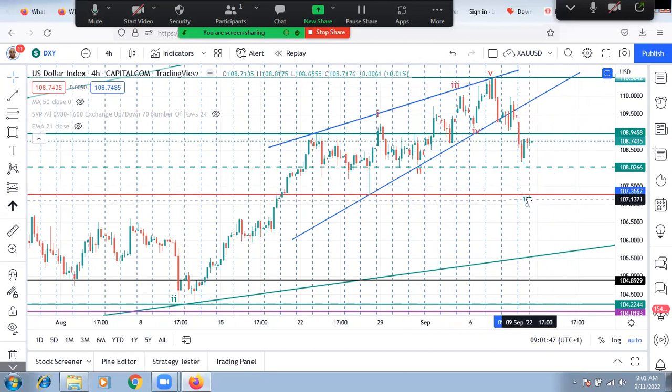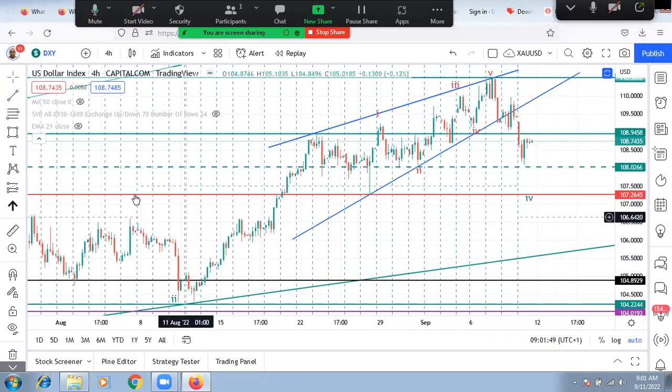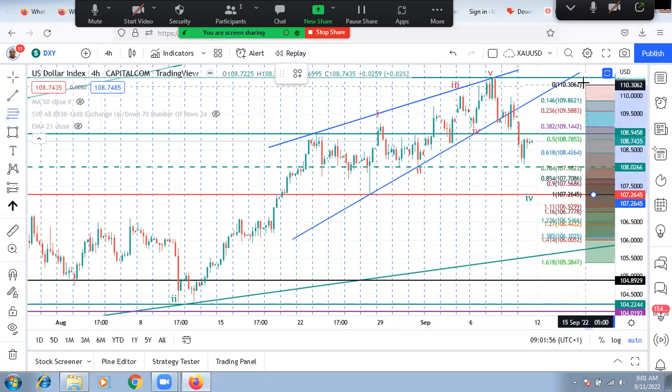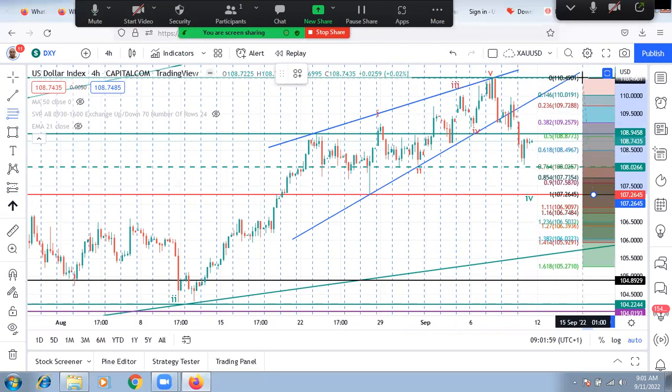Let me draw this again on the lower time frame. If this is now this, if it's correct that way, it has even pushed it. No, not correct. Remind me.